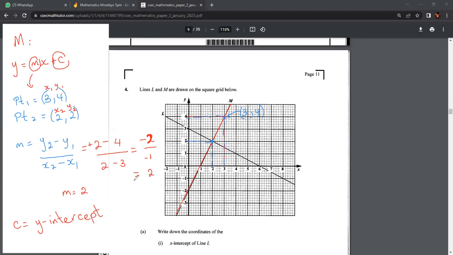So for this one, all you have to do is look at the line M and see where it cuts the y-axis. It cuts the axis at 3. No, sorry, wrong thing, it is line M. Wrong one, look at line M here.